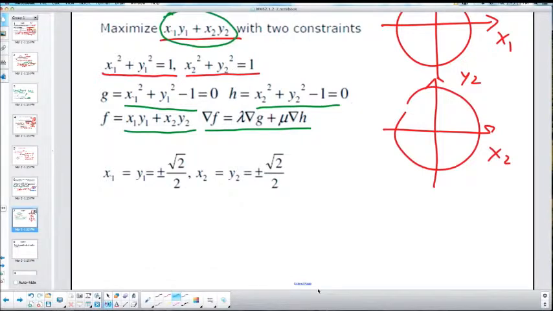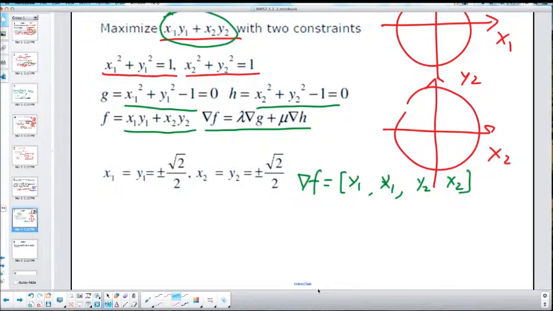So take the gradient of f. 4 variables, right? Keep that in mind. The gradient of f, take to x1 is y1, take to x2 is y2. And then take it to y1 is going to be x1, take it to y2 is x2.